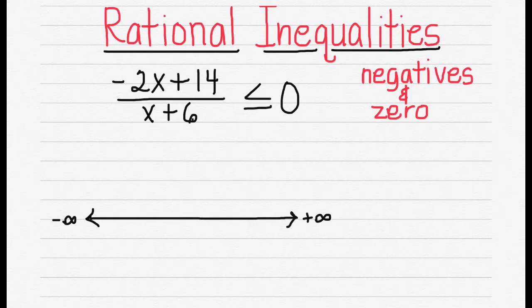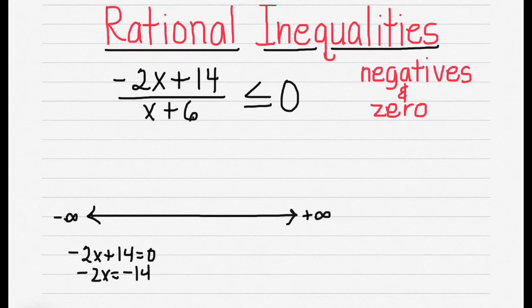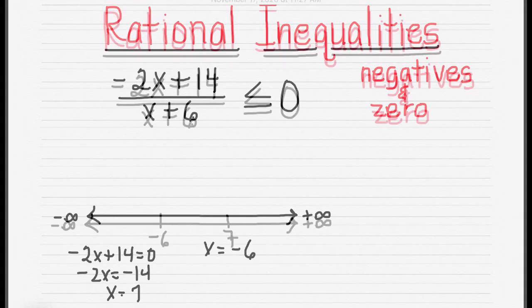The first thing we're going to do is determine our points on our number line by setting both the numerator and the denominator equal to 0. For our numerator, we have negative 2x plus 14 equals 0, so x is equal to 7. And in our denominator, we know our x is equal to negative 6.